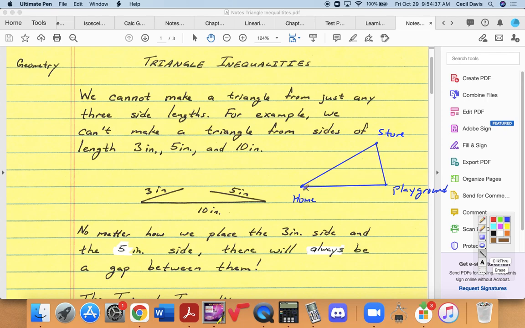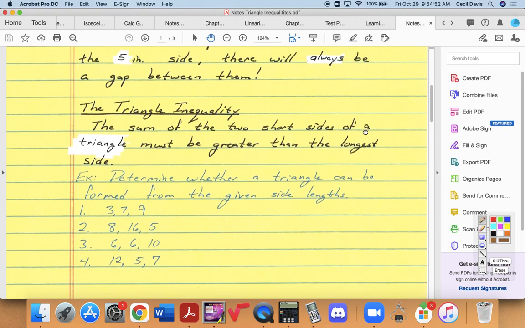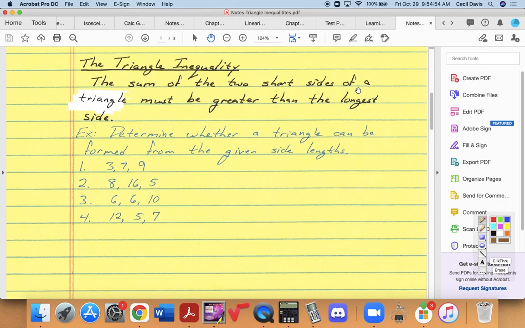No. The distance from home to the playground is going to be shorter than home to the store and then from the store to the playground. Okay, that's called the triangle inequality, which says that the sum of the 2 short sides of a triangle must be greater than the longest side.